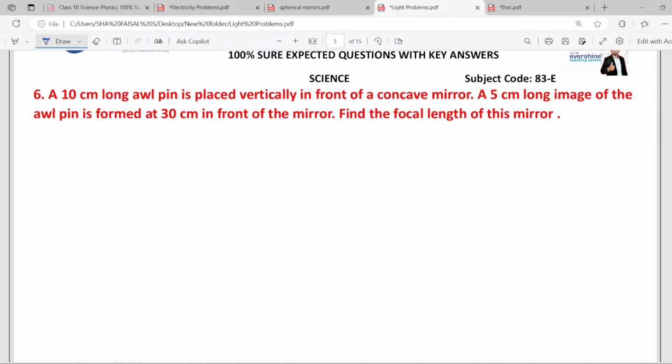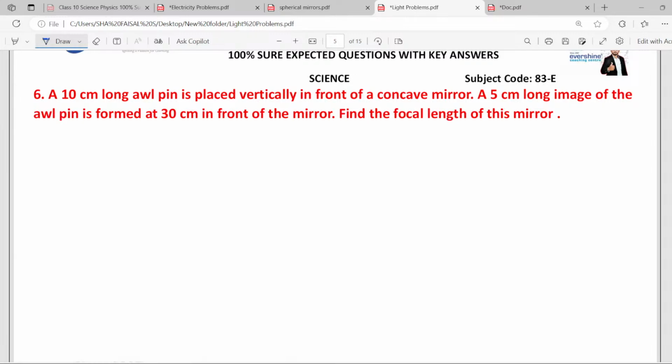A 10 centimeter long awl pin is placed vertically in front of a concave mirror. A 5 centimeter long image of the awl pin is formed at 30 centimeter in front of the mirror. Find the focal length of this mirror.